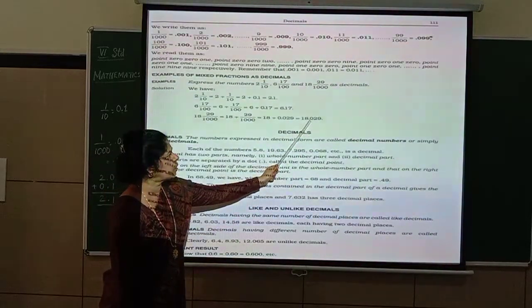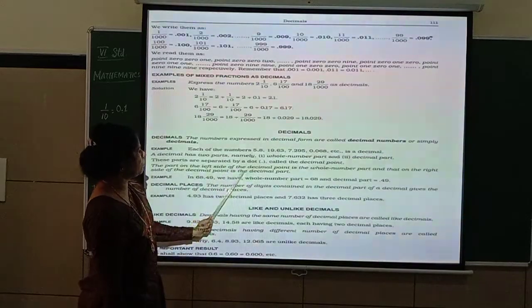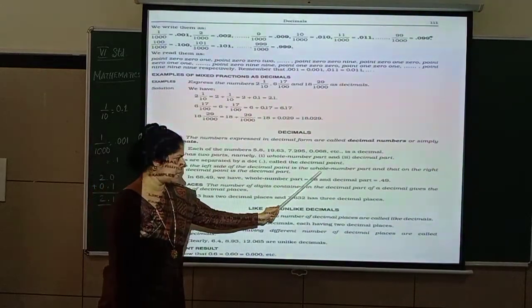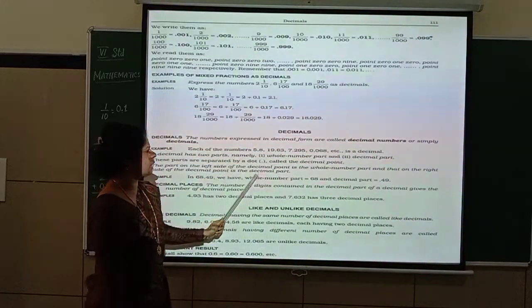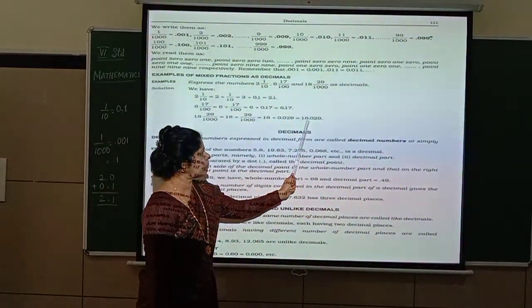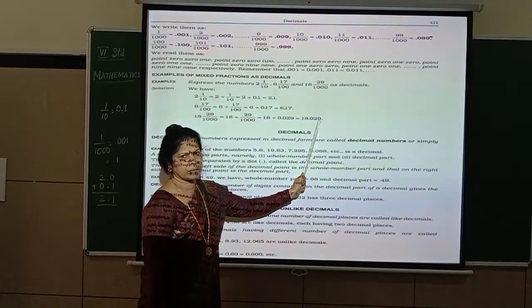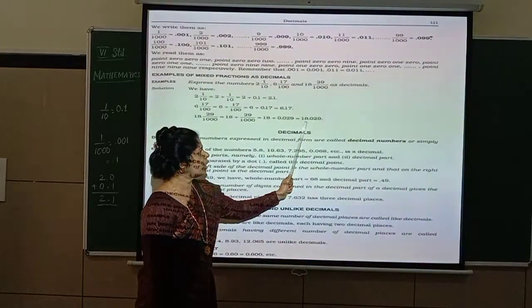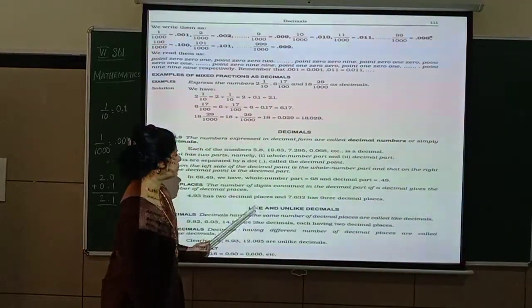So can you see the point? That is called the decimal point. The part on the left side of the decimal point is the whole number part, and that on the right side of the decimal point is the decimal part. So if it is before the point, it is called the whole number, and this is called the decimal part. Clear? Left side is the whole number, and right side will be the decimal part.